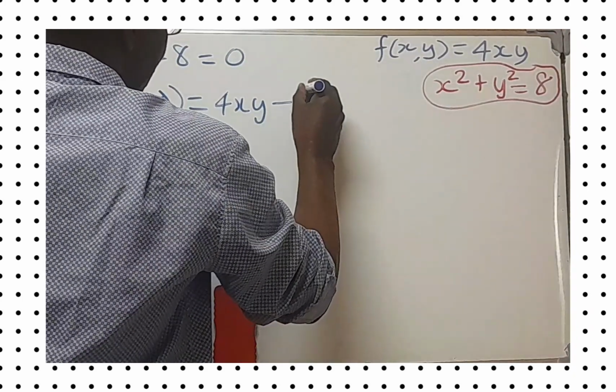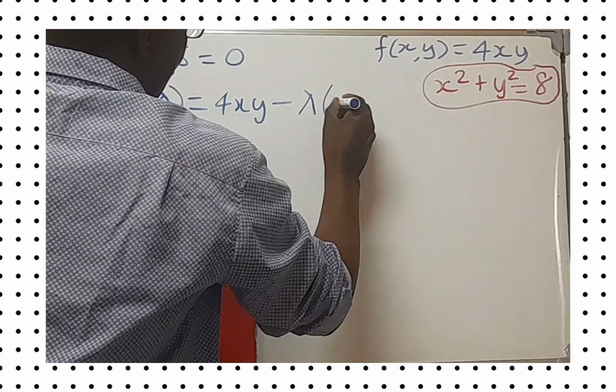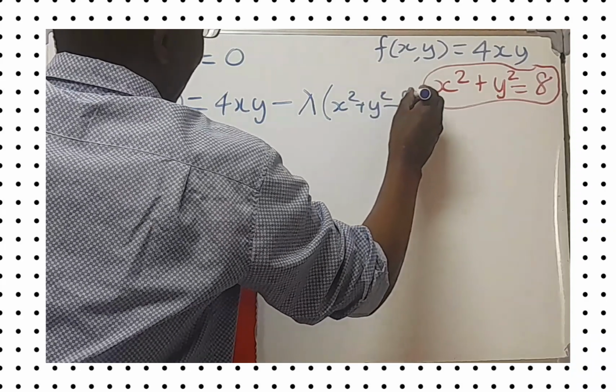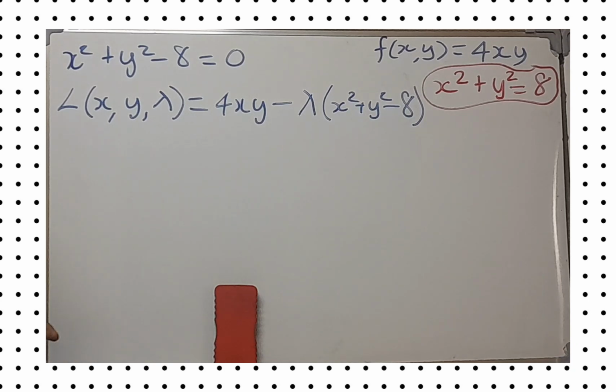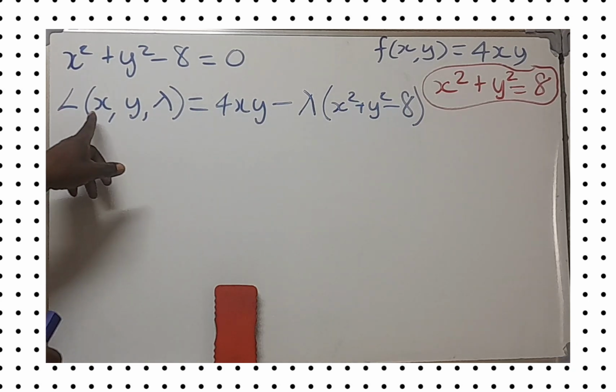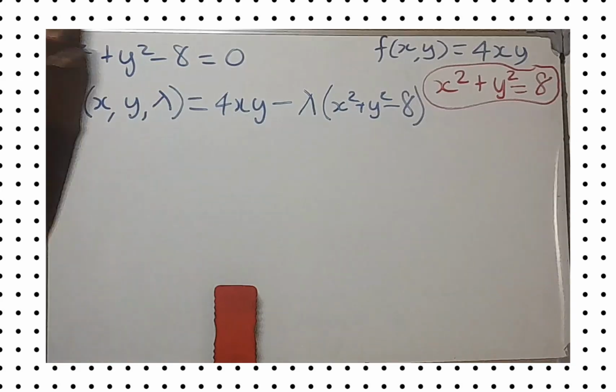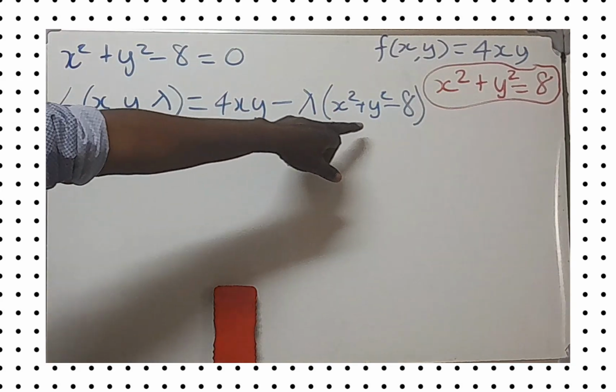So it's going to be lambda, brackets, x squared plus y squared minus 8. Close our bracket. So just to repeat, our Lagrangian, which is the function of x, y, and lambda, is this here minus the constraint multiplied by lambda.